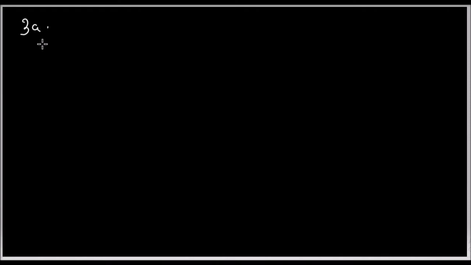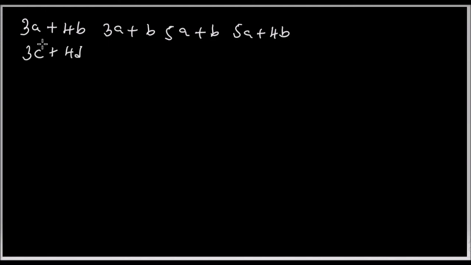So we have 3A plus 4B, then 3A plus B, then 5A plus B, and 5A plus 4B. That is the first row. The other row is 3C plus 4D, 3C plus D, 5C plus D, and 5C plus 4D.